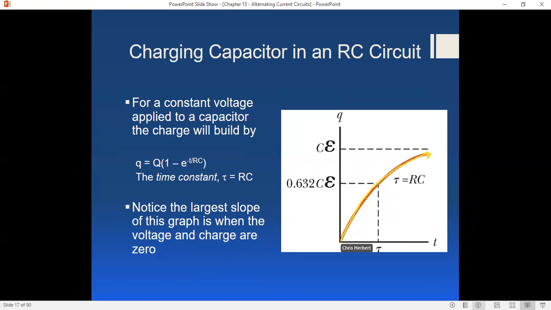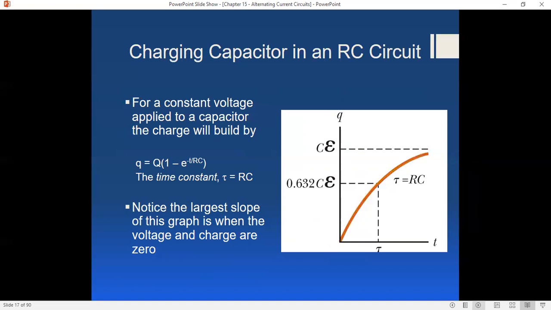reached some maximum. Well, if we think about just charging a capacitor with a DC circuit, we could imagine that the slope of this would be dq dt, which is your current. However, the slope goes to 0 when it reaches maximum charge.